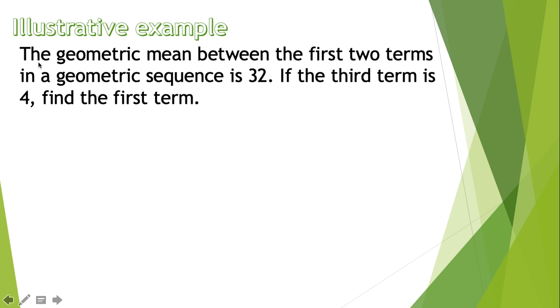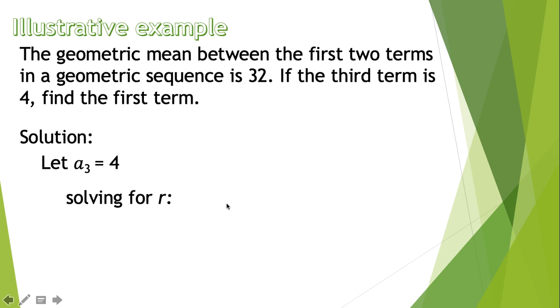For our next example, the geometric mean between the first two terms in a geometric sequence is 32. If the third term is 4, find the first term. Now let's try to identify first the given values we have in the problem. We have our third term, that is 4, and our r, we have 4 over 32.